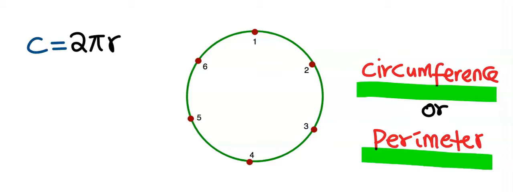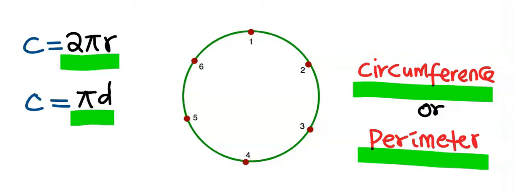The formula to calculate the circumference of a circle or the perimeter of a circle is 2 pi r, or pi multiplied by the diameter. Remember that 2 multiplied by the radius is equal to the diameter.